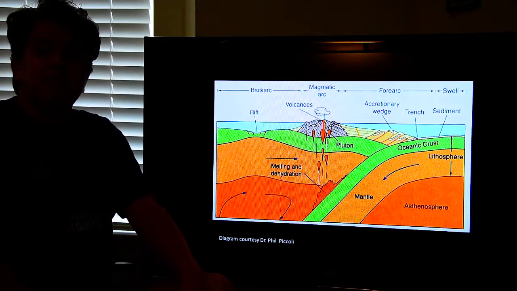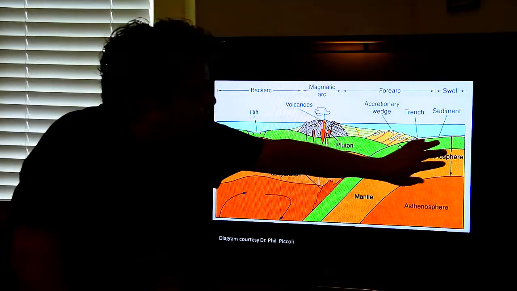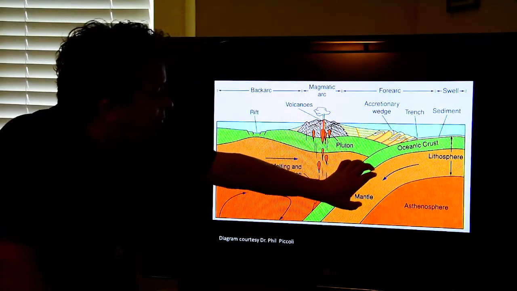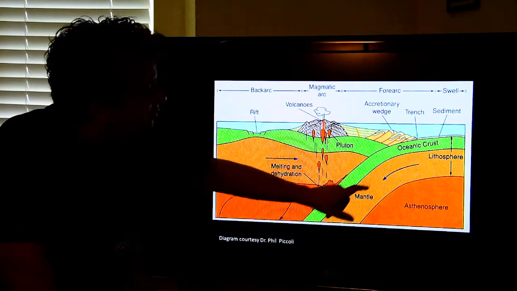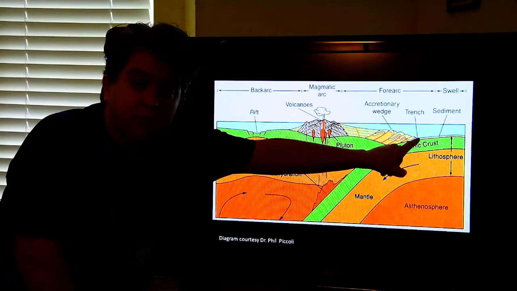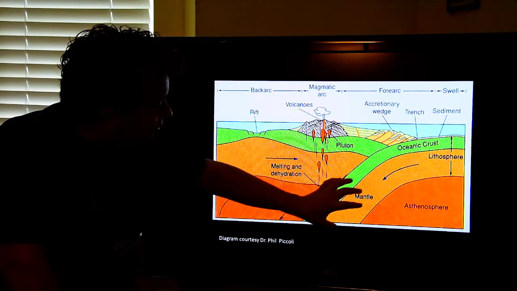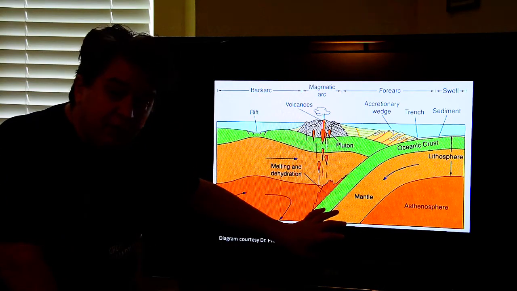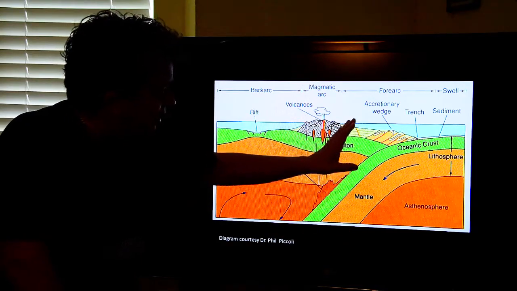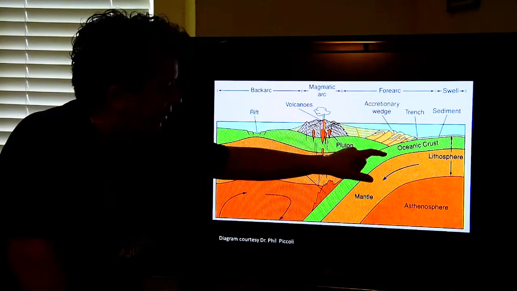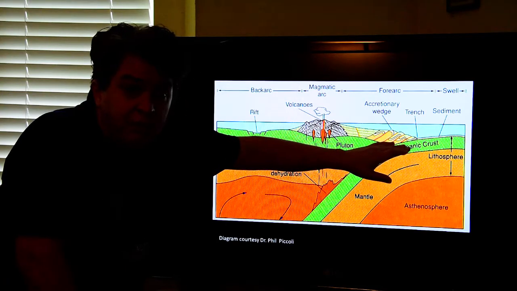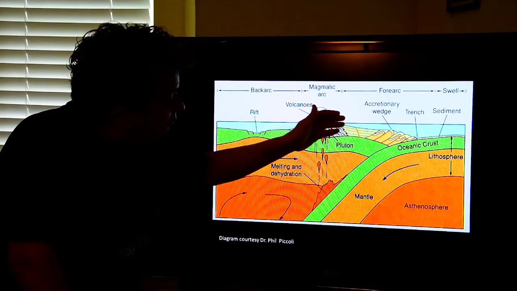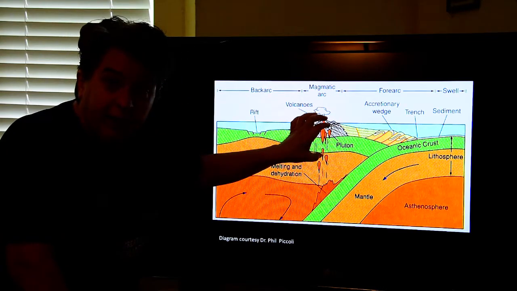So basically, to see this in a diagram form, right here we have our subducting ocean plate, right? It's sinking into the asthenosphere. And we have our trench right there that marks the place where that subduction is happening. Then we have this forearc area where lots of sediment is getting scraped off the subducting ocean plate and also eroding off our volcanoes.